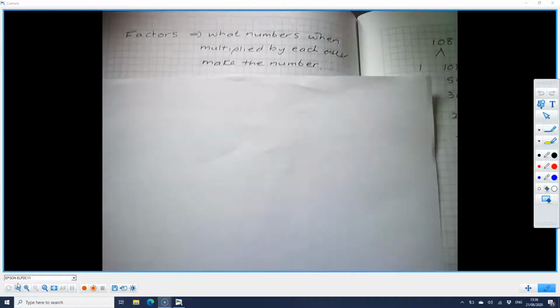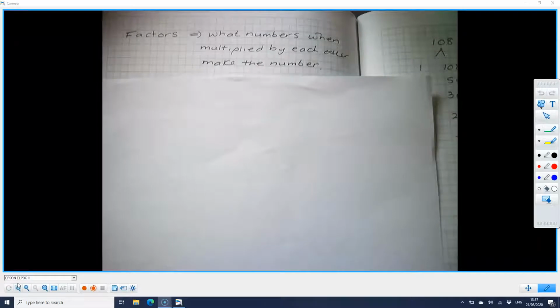Okay, in terms of factors, if you are a prime number, which is one of the names of the categories of numbers you'll be meeting, there is only one set of factors, and they are 1 and the number itself. So 3 is a prime number because you get 3 by multiplying 3 times 1.